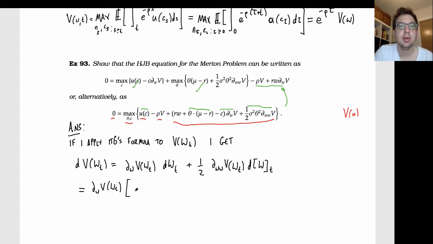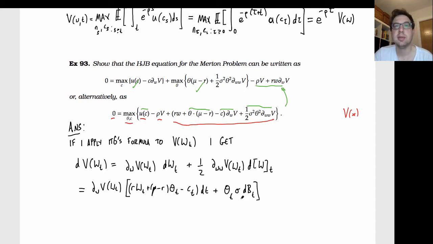Remember that dW of t we showed above is equal to (R W plus (mu minus R) theta of t minus C of t) dt plus theta t sigma dB of t.